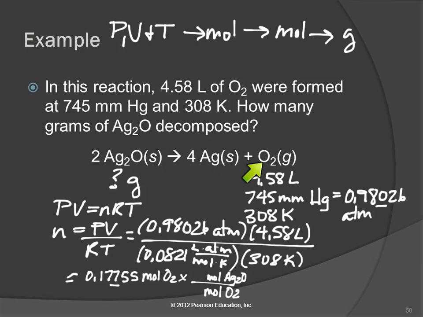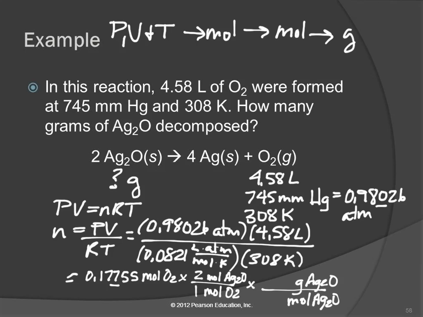The balanced chemical equation. 1 mole of oxygen from 2 moles of silver oxide. And then I need to convert this to grams of silver oxide. And where do we find that number? We use the periodic table.